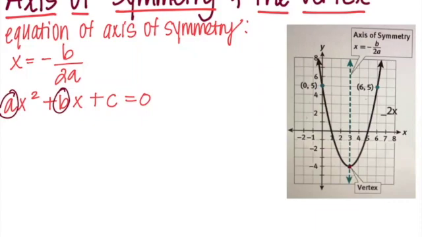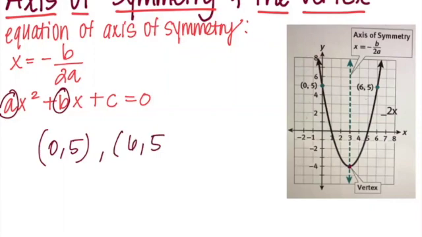Another thing is that each point on a quadratic graph, which is the parabola, will have a mirror image with the same y coordinate that is an equal distance from the axis of symmetry. If you look at this, for example, they already have two coordinates here, which is 0, comma 5, and we have 6, comma 5.